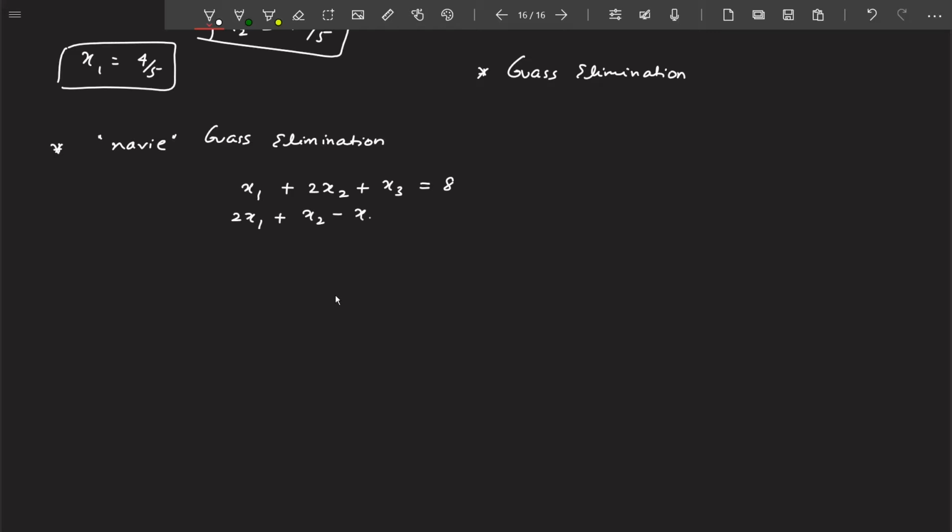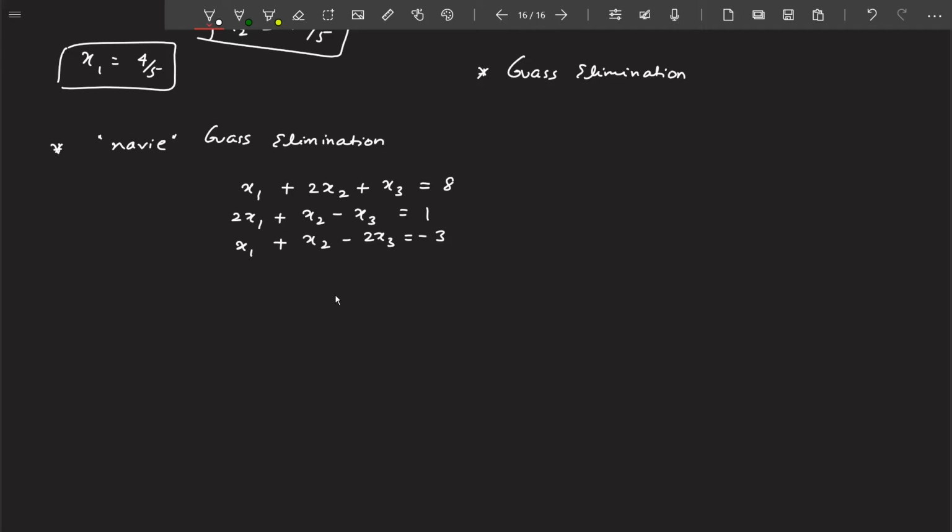Then x2, 1. This is going to be x1 minus 3. So these are the three equations, and we have to find the solution of these three equations. When I say solution, you have to find the value of x1, the value of x2, and the value of x3, and that's all.